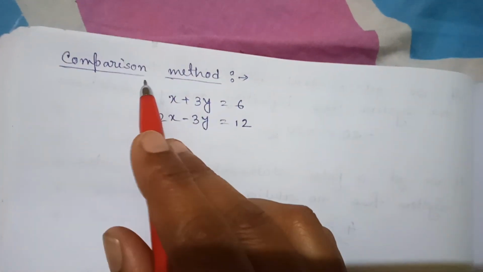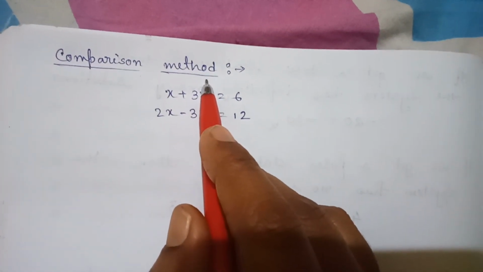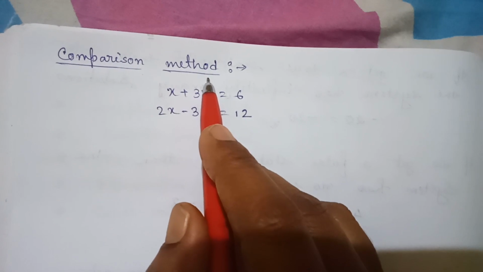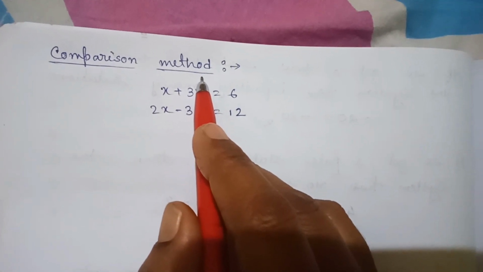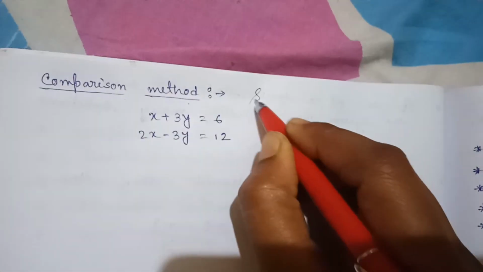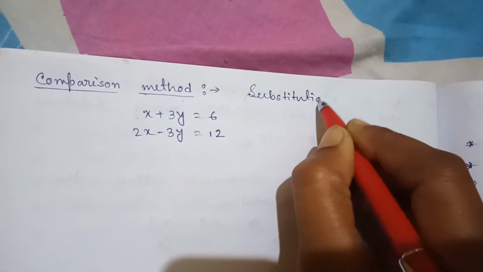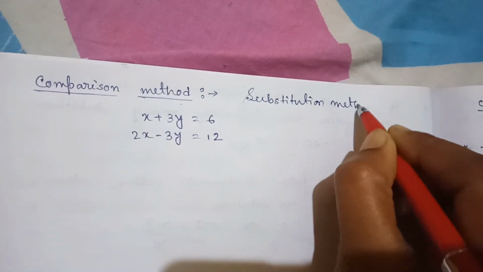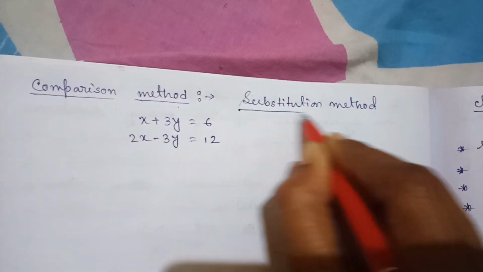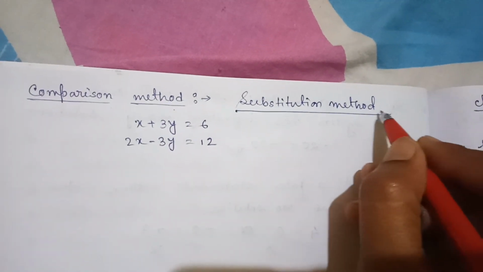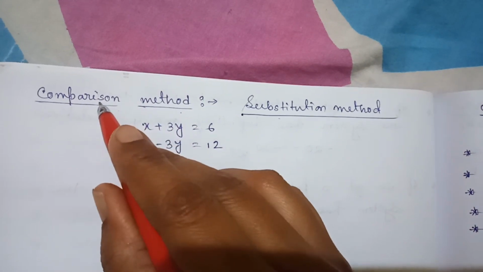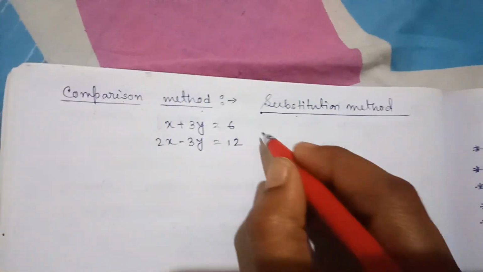Coming to comparison method. Comparison method is very easy. Actually, you have done it, because you have done the substitution method, and the substitution method, if we are just molding it a little bit, then it will be the comparison method. How?